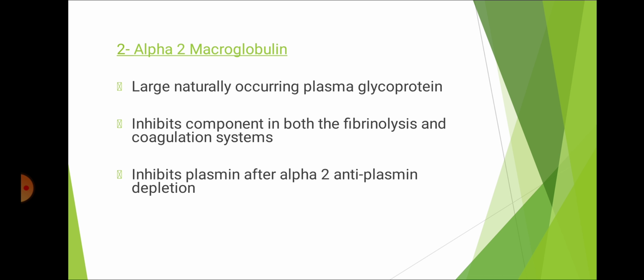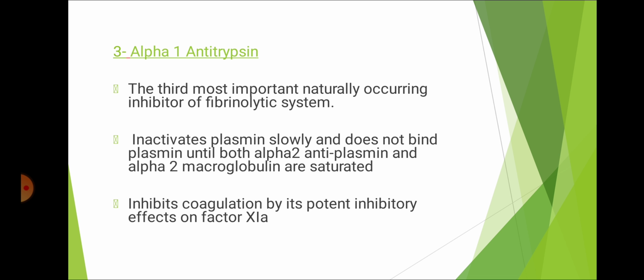Second is alpha-2 macroglobulin. It is a large naturally occurring plasma glycoprotein. It inhibits components in both the fibrinolysis and coagulation systems. It inhibits plasmin after alpha-2 antiplasmin depletion. Third is alpha-1 antitrypsin. It is the third most important naturally occurring inhibitor of the fibrinolytic system.